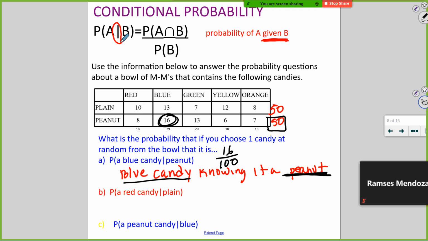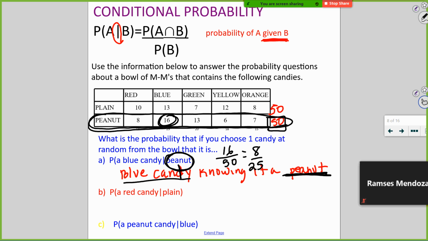50 just peanut M&Ms. So what you do in these problems, right? So the answer would be 16 out of 50, or if I simplify that, 8 out of 25. So what you do is you say, okay, I'm going to forget about all the plain M&Ms, and I am just going to concentrate on the peanut M&Ms.